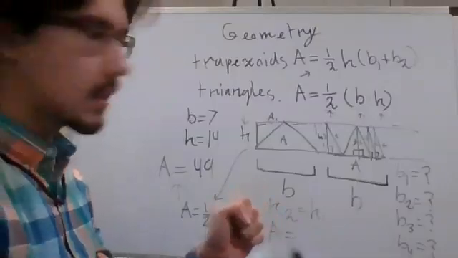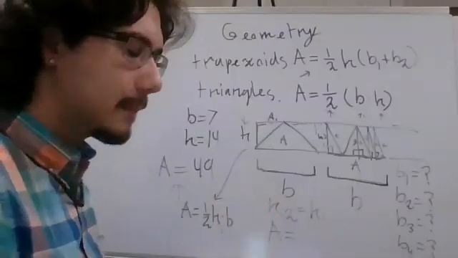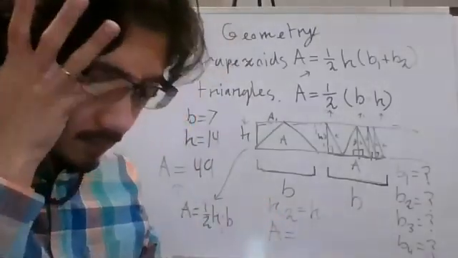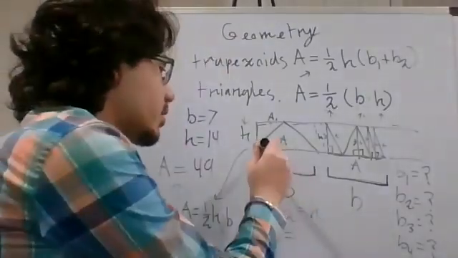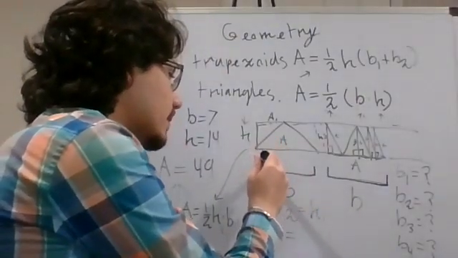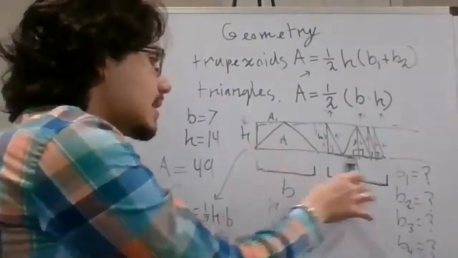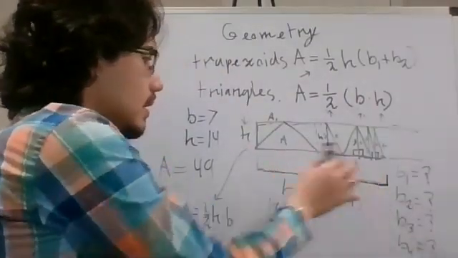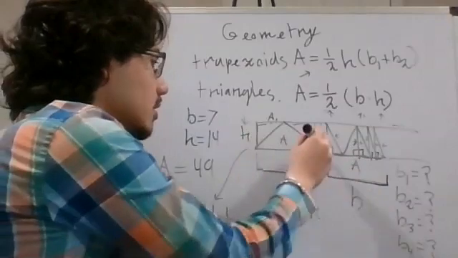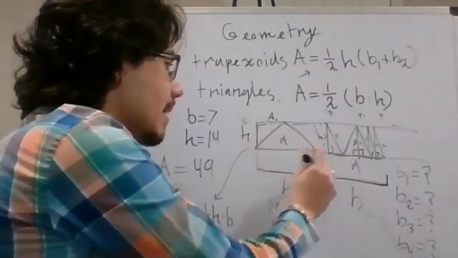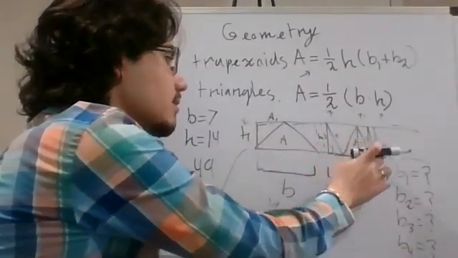Yes, sir. Good. That is why we drew our model this way, because this indicates that the base of this triangle is the same as the base of all of these triangles added up.